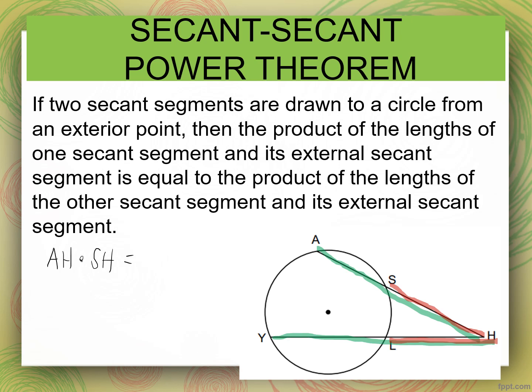That is equal to the same thing for the other secant. The whole secant is YH multiplied by the external secant LH.